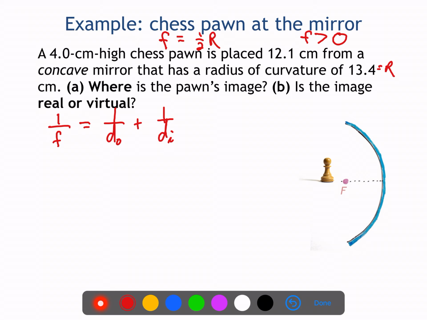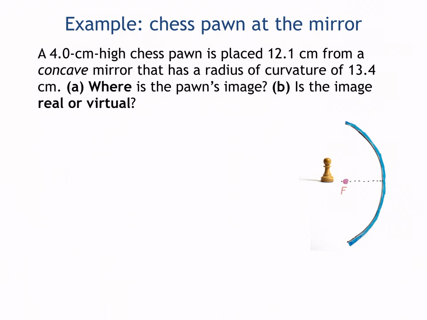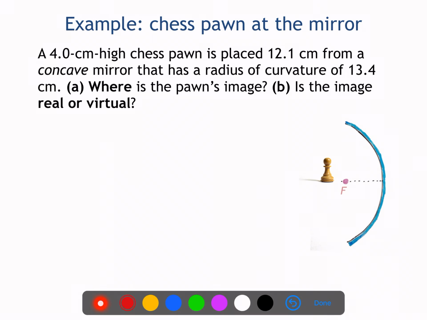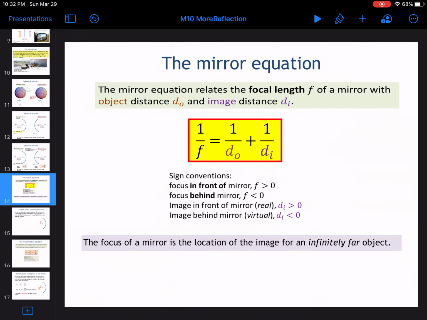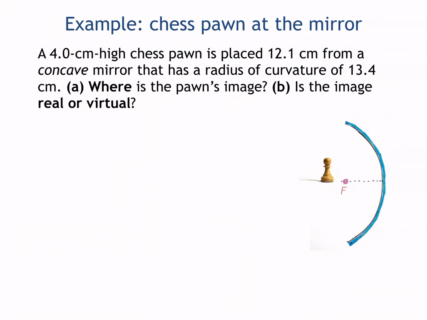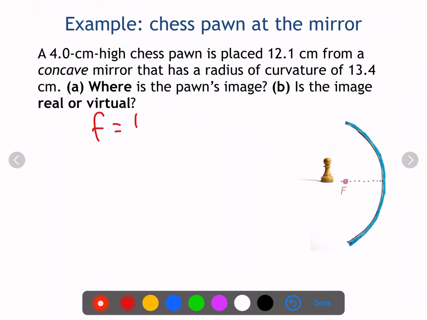So based on this equation here, where I have the focal length being half of the radius of curvature, that means that the focal length in this particular example is going to be 1/2 of the 13.4 centimeters, which means that we're looking at 6.7 centimeters.